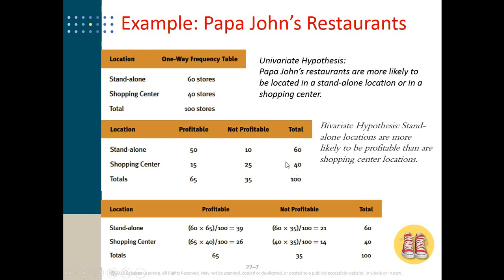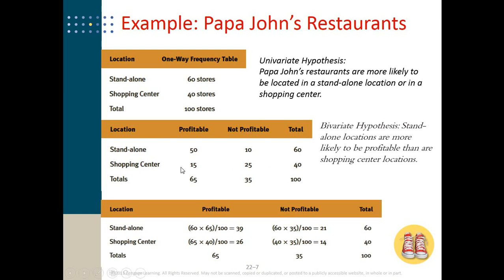These are the totals. Now we introduce another variable, profitable and not profitable. Previously it was only location, standalone location and shopping centers, 60 and 40. Now we introduce profitable and not profitable. Among the 60 stores in standalone locations, 50 are profitable and 10 are not profitable.